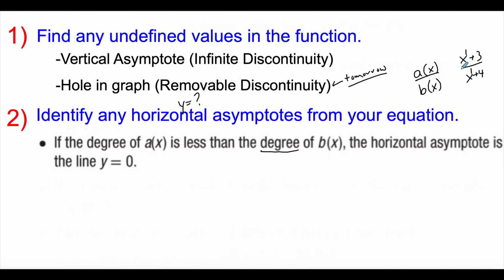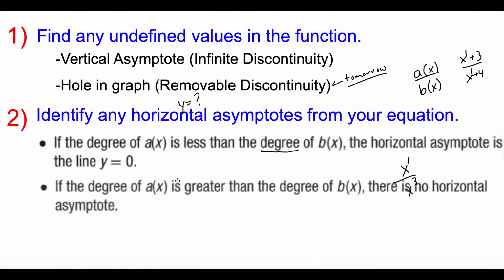Okay, so this is a different rule. If the degree of the top is less than the degree of the bottom, then the horizontal asymptote is y equals 0. So you would have something like this. I would have x over x cubed, and I would have to graph that. The degree of the top is only a 1. The degree of the bottom is a cube. Okay, second rule.